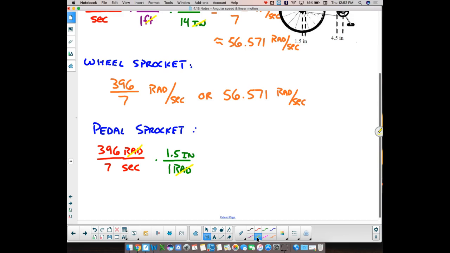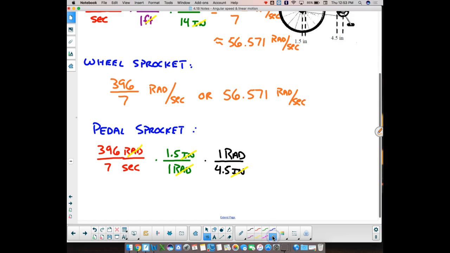The chain allows me to go to the pedal. Angularly, the pedal has a 4.5 inch radius. So that gets me back into radians per second, which is what I want to be in.